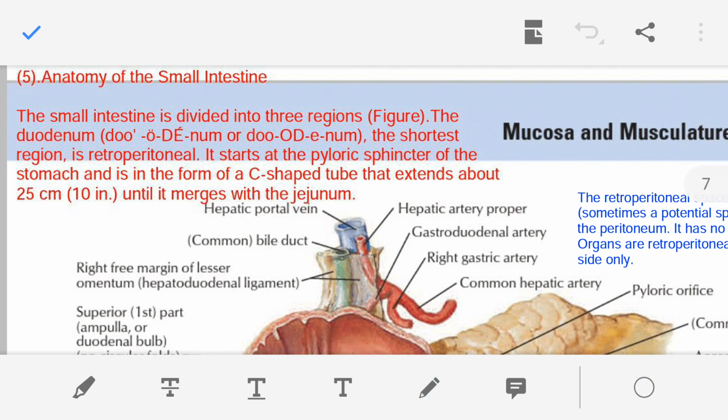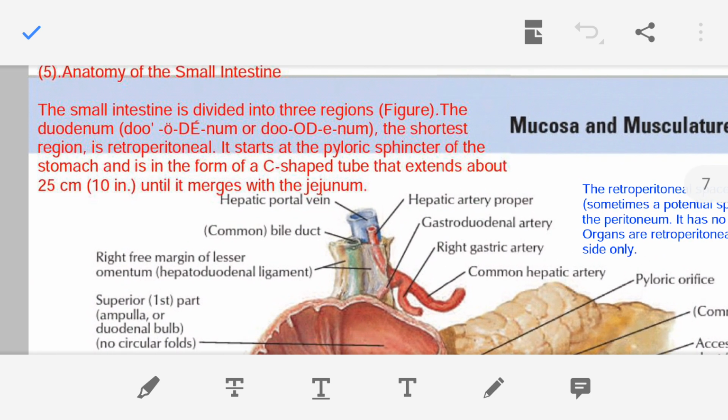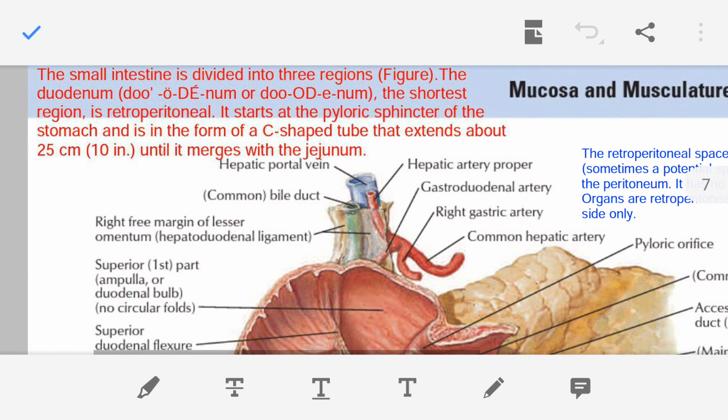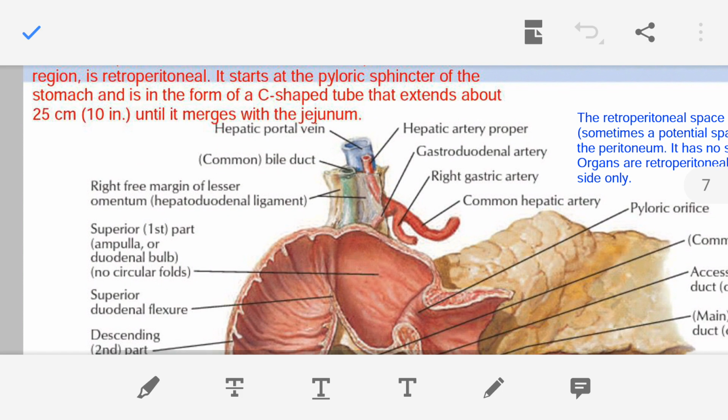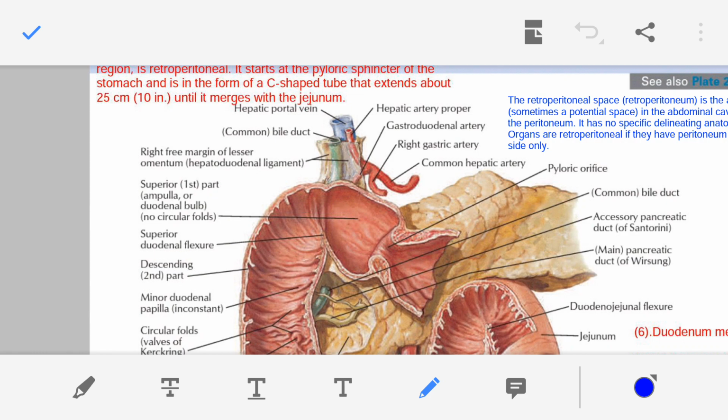Now from where does this duodenum originate, from where does it begin? We have already discussed this point. So this is the pyloric sphincter. After the pyloric sphincter, the duodenum starts.